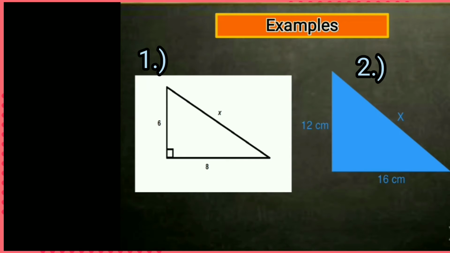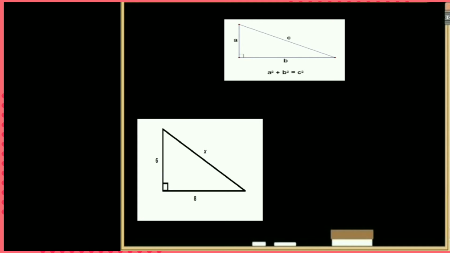So let's solve those two examples. Always remember this popular algebraic form of the Pythagorean theorem, the formula a squared plus b squared equals c squared, if we are going to find the unknown side, or hypotenuse, in a right triangle.